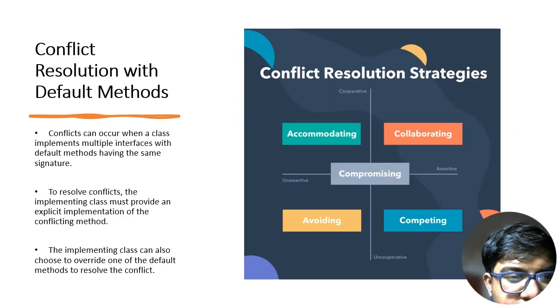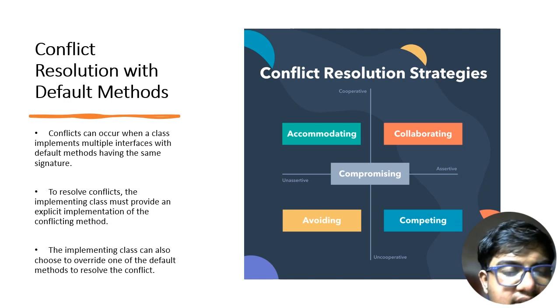Conflict resolution with default methods. Conflicts can occur when a class implements multiple interfaces with default methods having the same signature. To resolve the conflicts, the implementing class must provide an explicit implementation of the conflicting method. The implementing class can also choose to override one of the default methods to resolve the conflict.